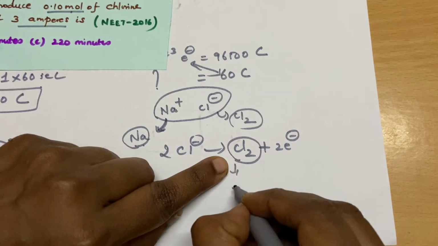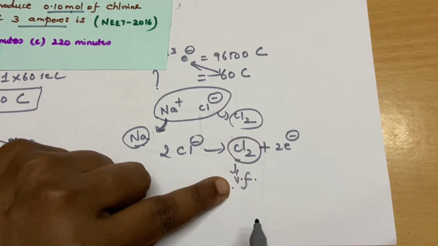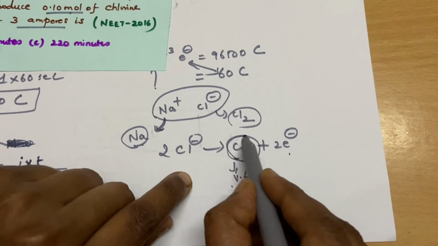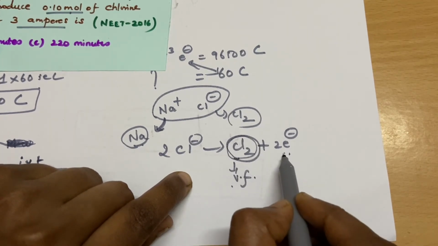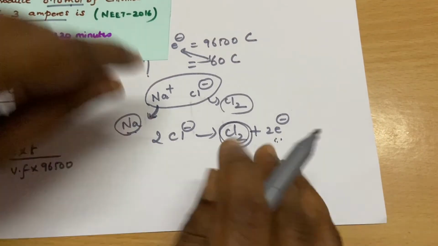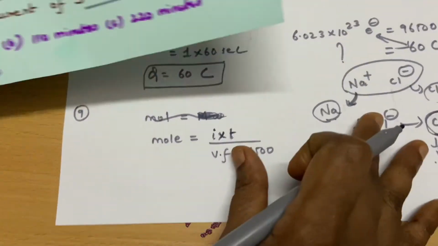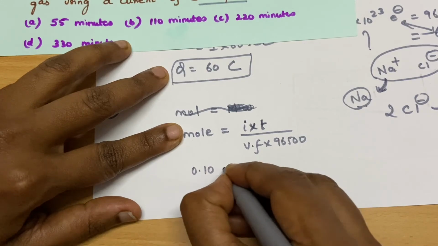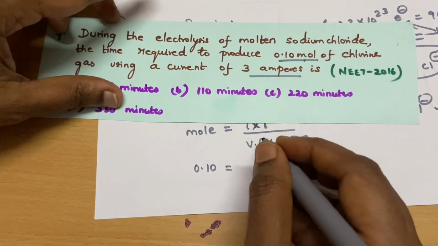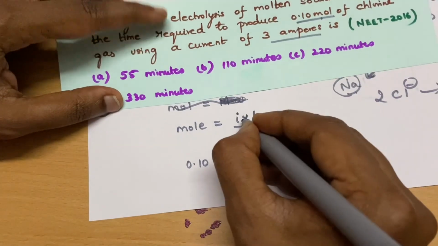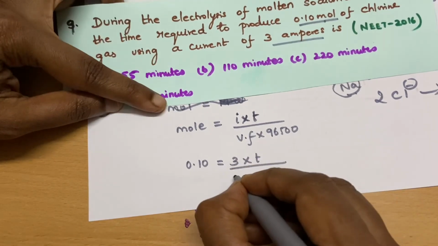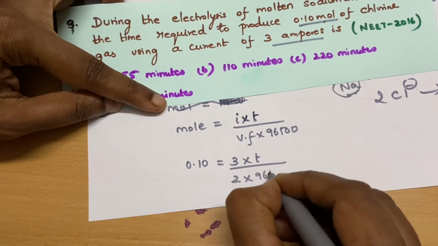We have to find out the valence factor for this entire equation. How many electrons are involved? For this chlorine, the valence factor is equal to 2. So let's substitute. The moles is equal to 0.10. The current is given as 3 amperes, the time you have to find out, and the valence factor is 2 and 96,500.